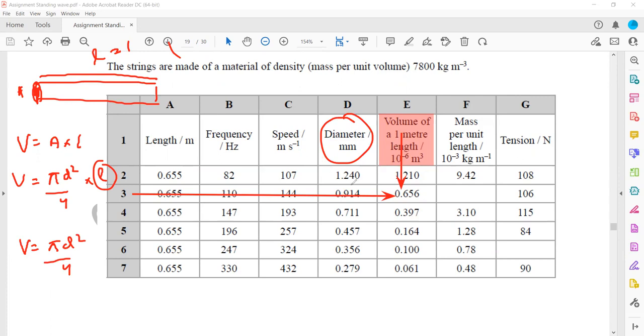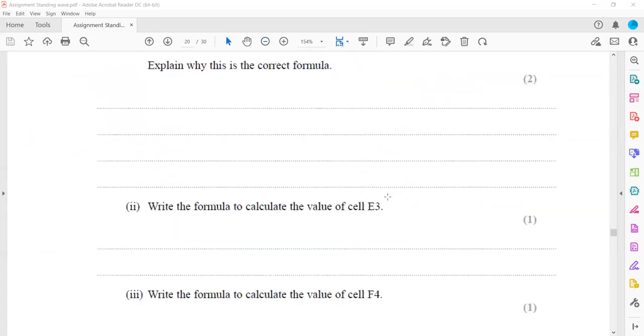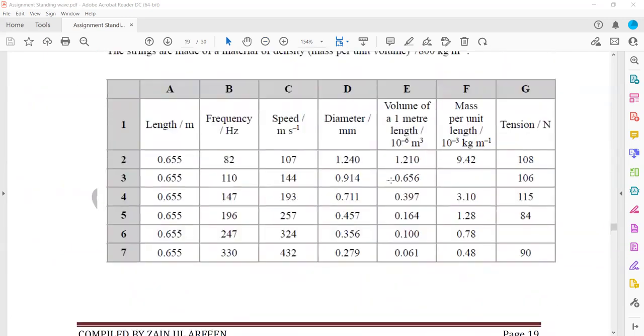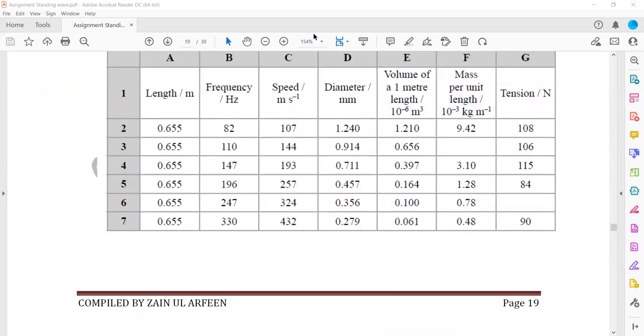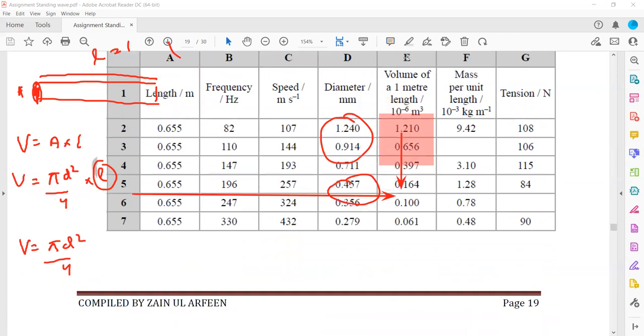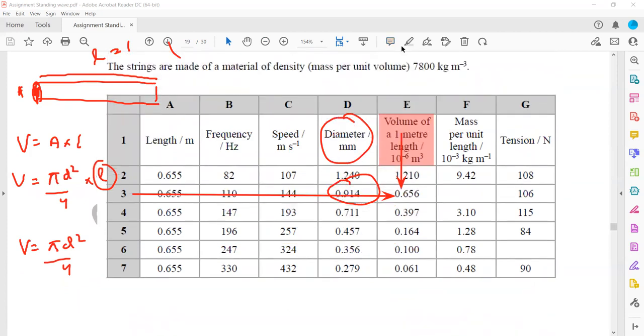And which diameter? Because as you can see, the diameter is different here. So which cell should we use? We should use cell D3, as they ask in the question how we will work out E3. So for E3, which is the volume of 1 meter length, the formula is pi d squared by 4, where d is the diameter.